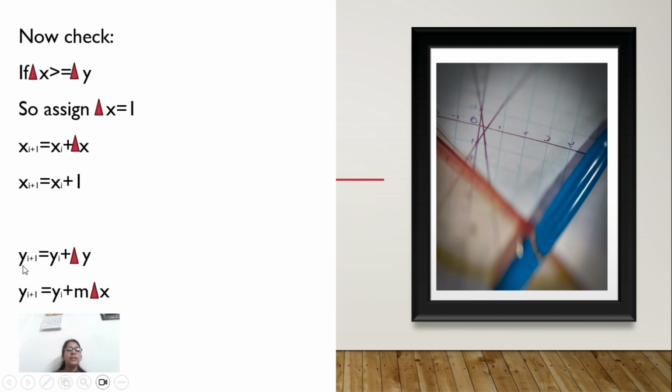Now let us write that yi+1 will be equal to yi + del y, and del y will be m into del x, and we will assign del x as 1. So the final one will be yi+1 = yi + m.